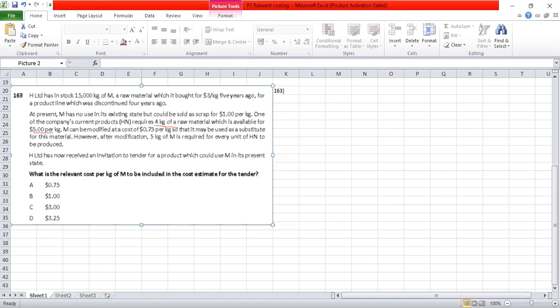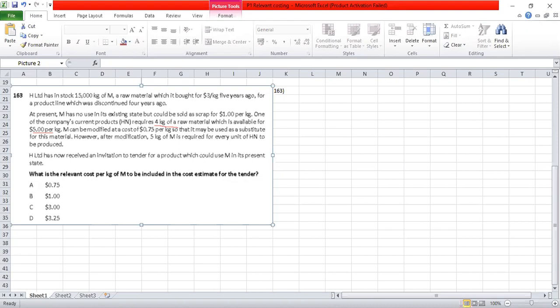There was some material M which is available. Either it could be sold as scrap. Then one of the company's current products requires 4 kgs of raw material, which is available for $5 per kg.